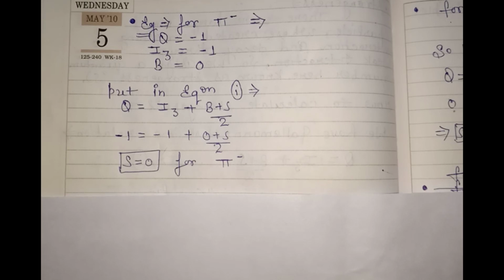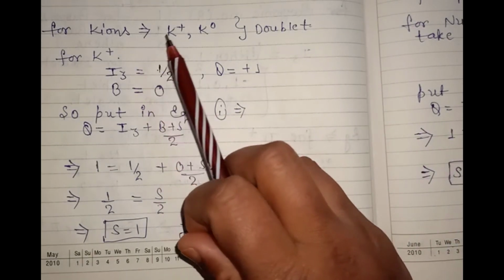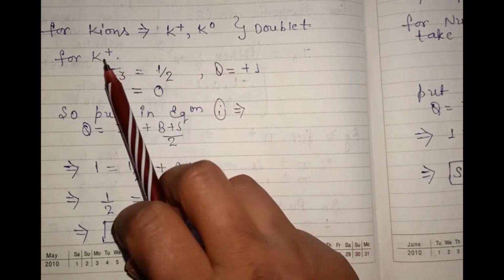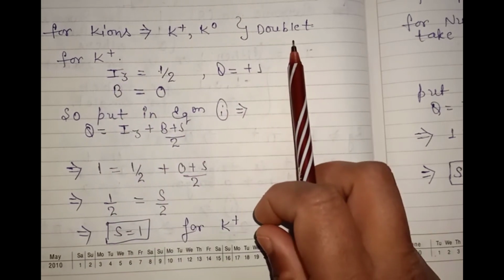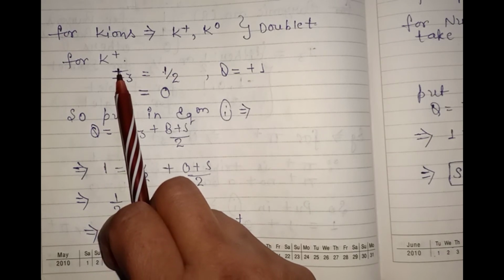Let's come to our third example, for kaons. Because K positive and K naught come under kaons, they are doublets. So let's take the example of K positive.